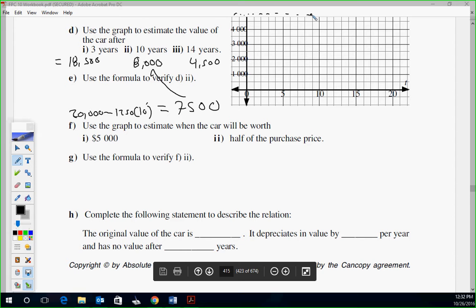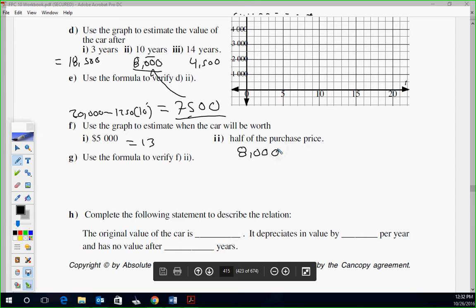I'm going to say 13. Half the purchase price is what? 10,000, which is at 8 years, which we got right here. That was the estimate, even though we know the answer, but that's okay.